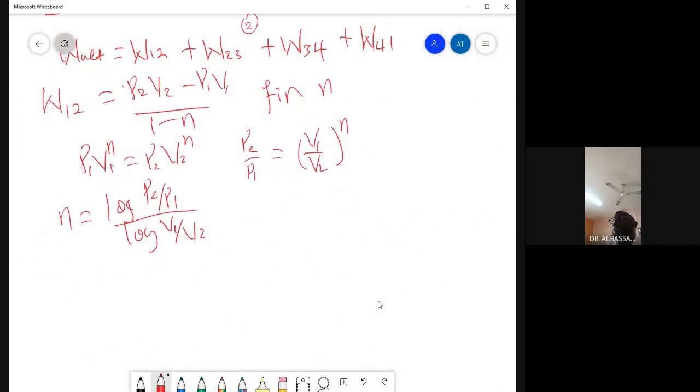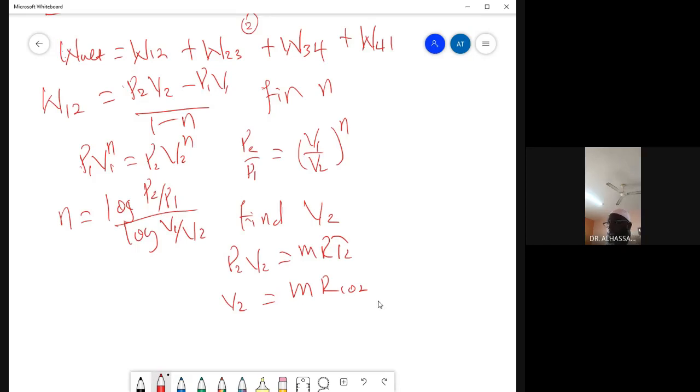From the ideal gas equation, P2 V2 equals M R T2. So V2 gives me M R for carbon dioxide times the temperature T2 divided by P2.